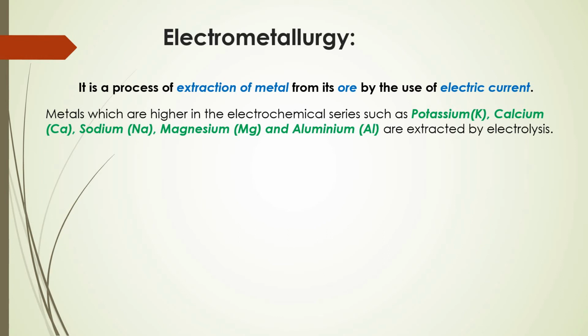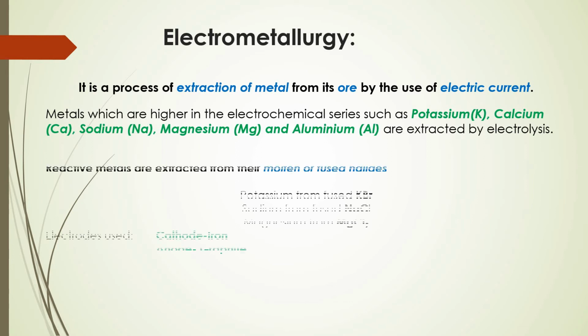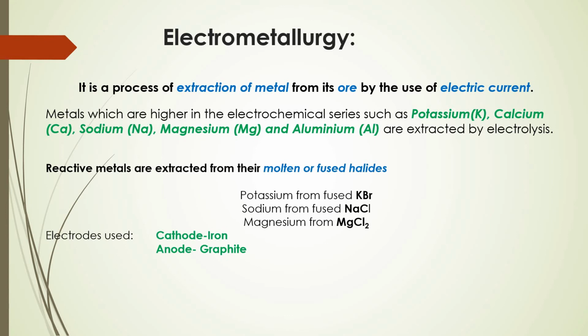The least active metals are not extracted by this method. Those metals which are very active, they are only extracted by electrochemical or electrolysis method. Some of the examples are reactive metals are extracted from their molten or fused halides.